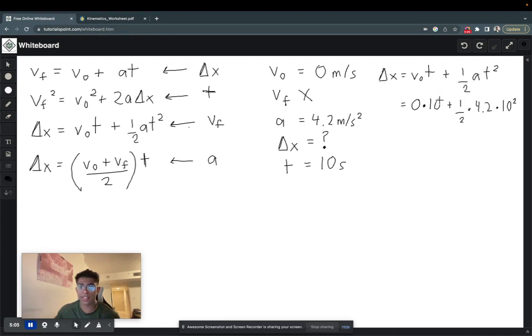This is 0 times 10, which would just cancel out because it's 0. So we're left with 1/2 times 4.2 times 10 squared, which is 100. 1/2 times 4.2 is 2.1, times 100 is 210 meters. And that is our final answer.